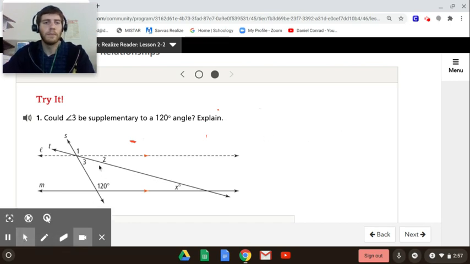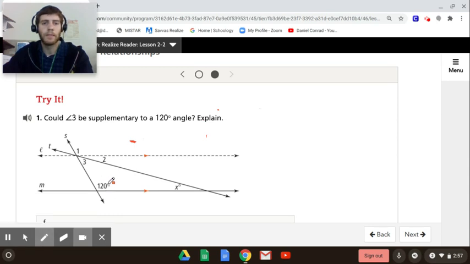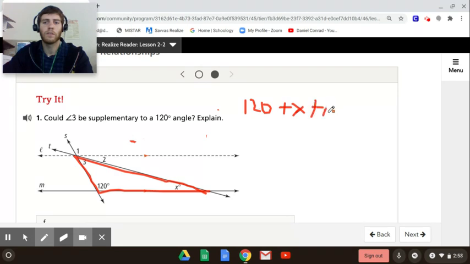Okay, so basically, if you look at angle 3 and then X, we have a triangle here. We should remember from middle school the three angles of a triangle add up to 180. So 120 plus X plus the measure of angle 3 have to add up to 180.